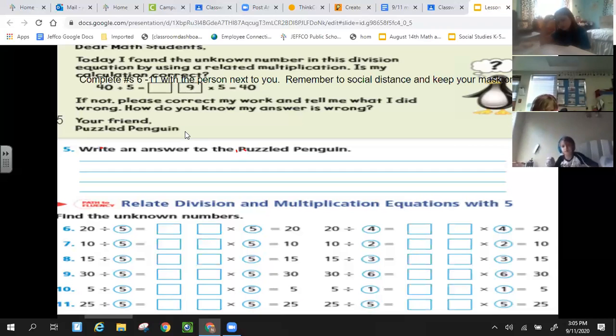So if he was going to say 40 divided by 5 is 9, would he be right or wrong? So what should it be? It should be 40 divided by 5 equals 45. Well, how many 5s are in 40? Think of it like that.